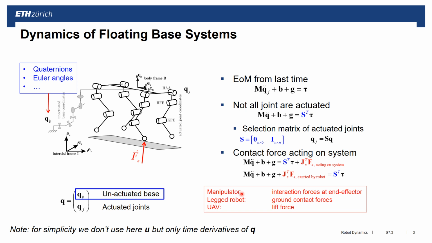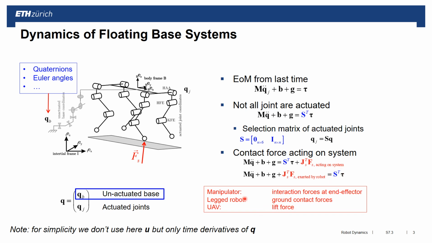Now what I want you to learn in this class is primarily that whatever I'm doing, whether I'm looking at the manipulator, at the legged robot, or at the UAV, the equations remain the same. The really big changes are that these F's are the interaction forces at the end effector for a manipulator. For a walking robot, these are ground contact forces. For a UAV, these are lift forces.